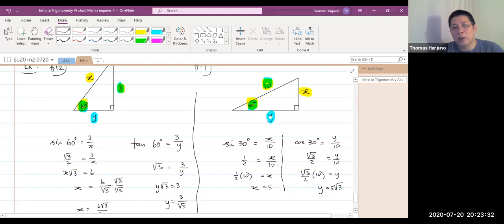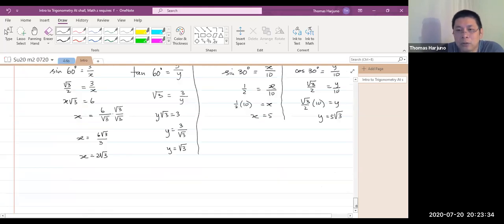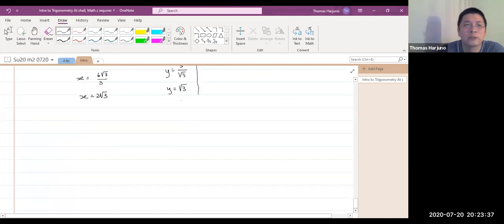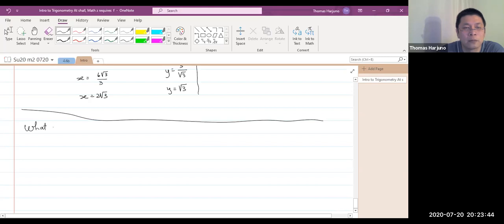Now, the thing is, what happens if the angle is not a nice angle like those, not a special angle? What if we have another angle?